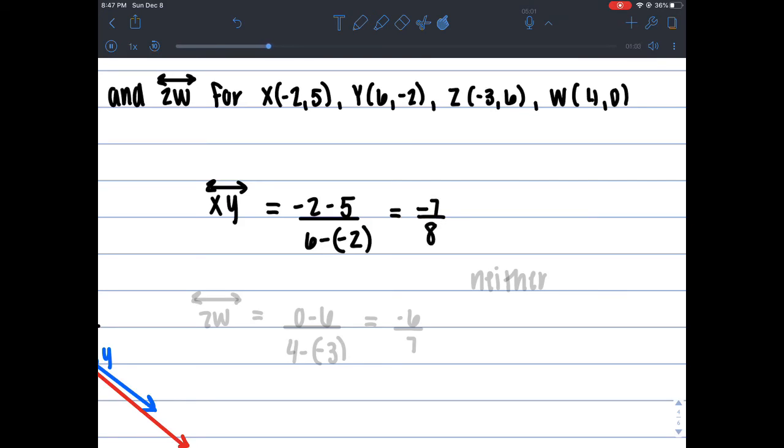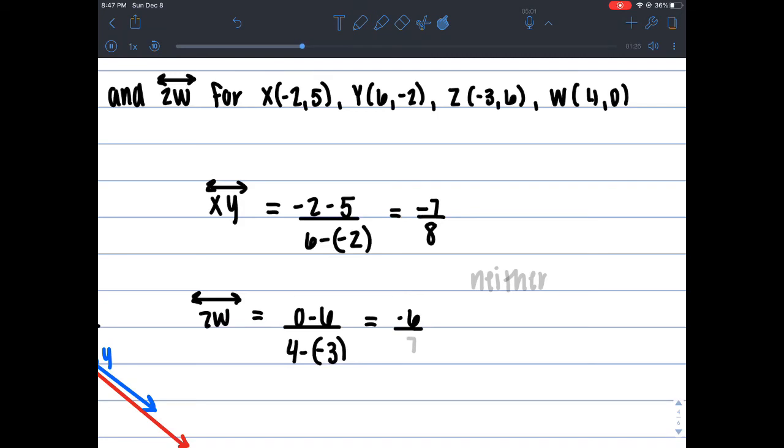Now we're going to plug in ZW into our slope formula. This is going to equal 0 minus 6 over 4 minus negative 3. This is going to equal negative 6 over 7.